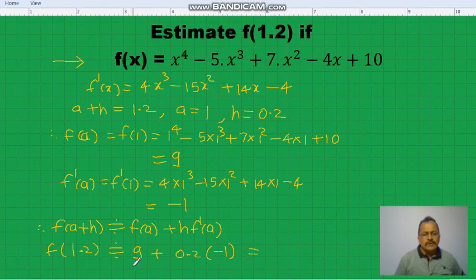This is equal to 9 minus 0.2, it is 8.8.